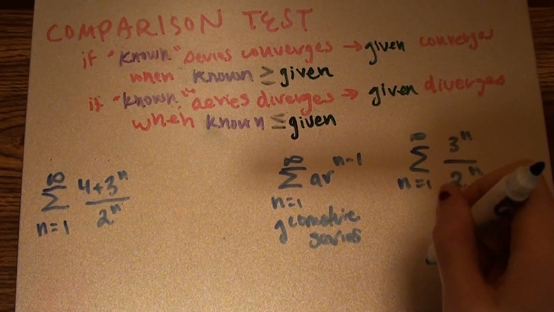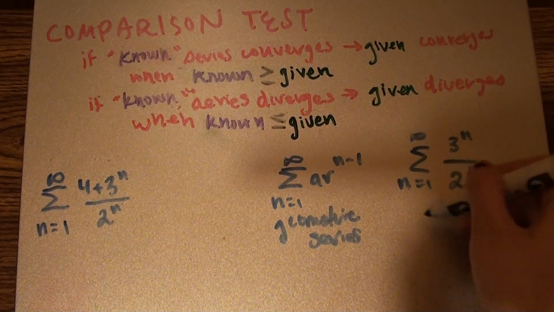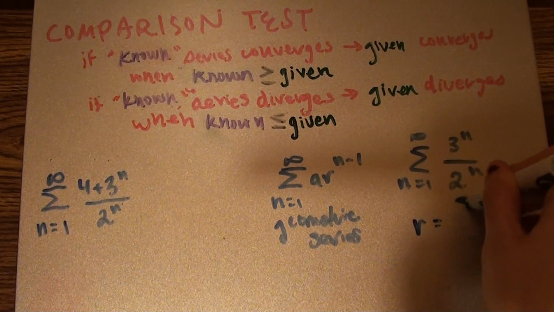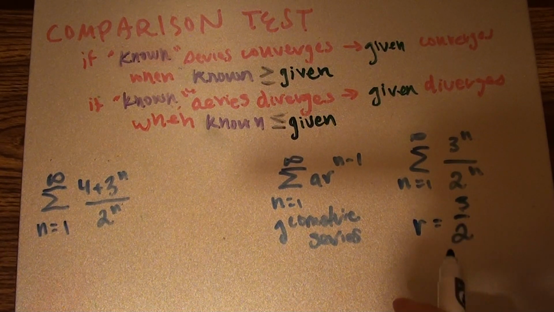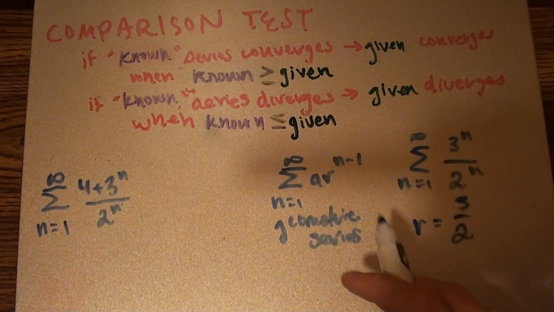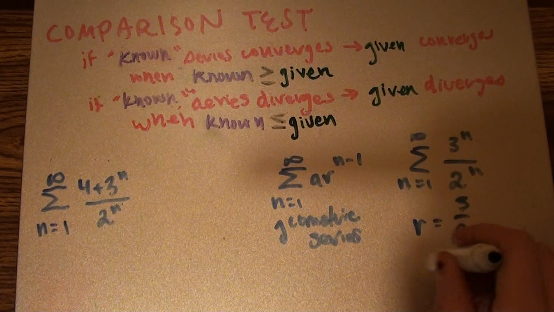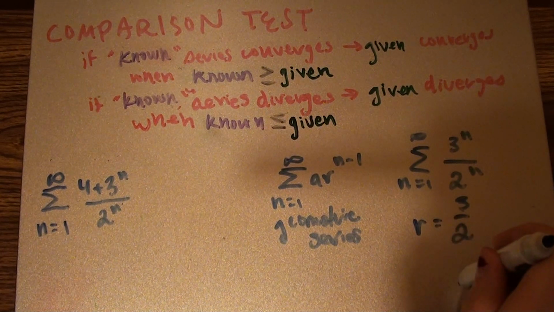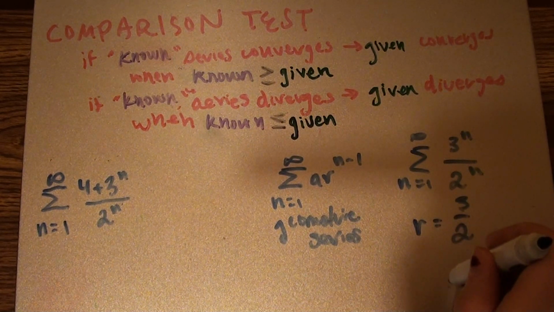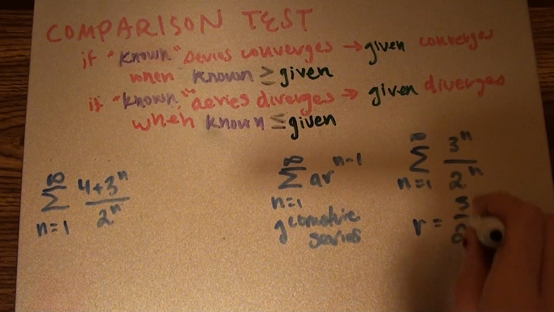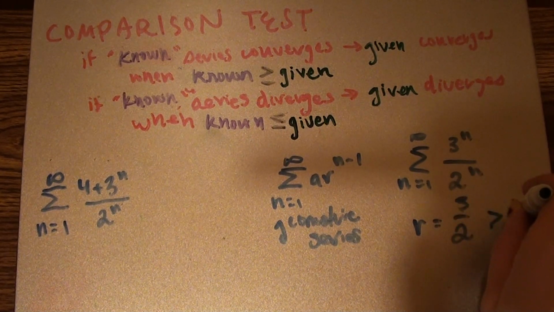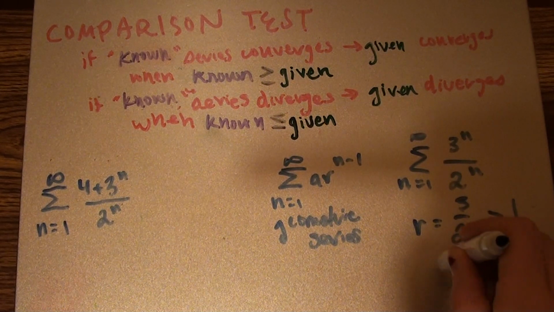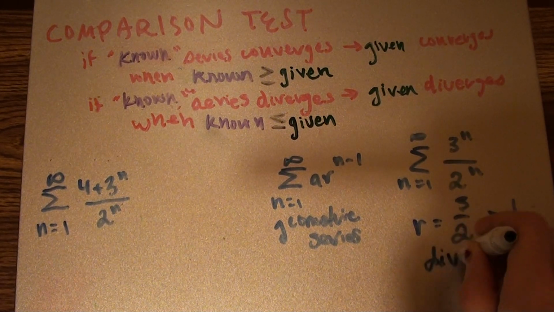In this one, our common ratio is pretty easy: it's 3 over 2. Based on what we know about geometric series, we identify our a's and r's, and r determines whether we have convergence or divergence. Since r in this one is greater than 1, this series is divergent.